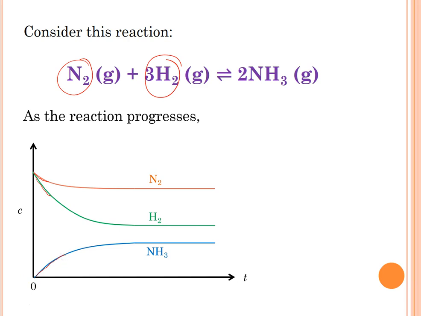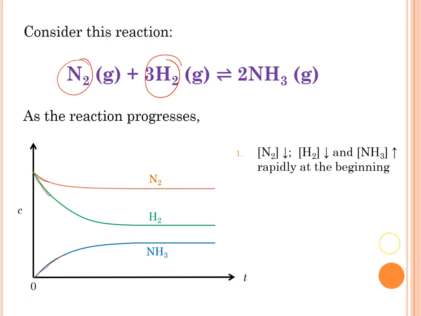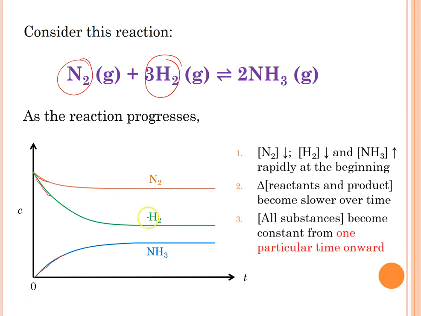As observed here in the graph, there will be a point where the concentration of ammonia, nitrogen, and hydrogen becomes constant. At this point, it is said that an equilibrium has been achieved.